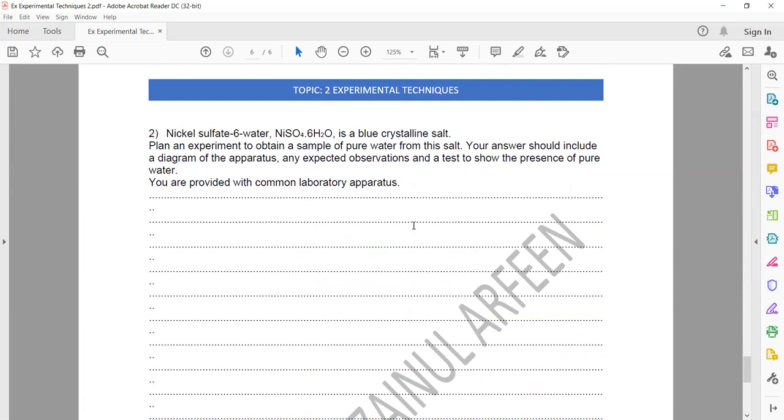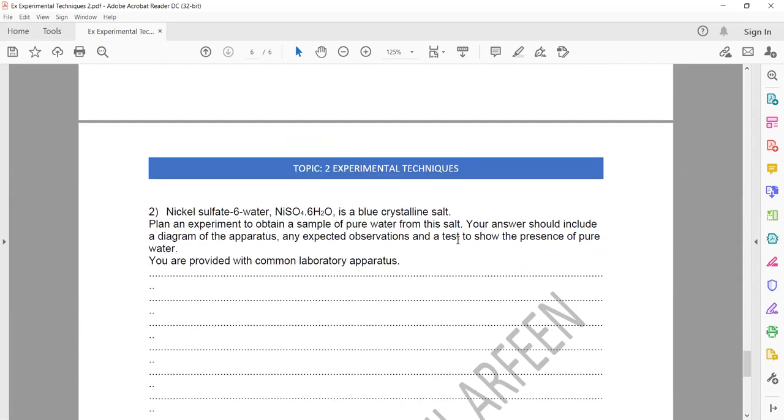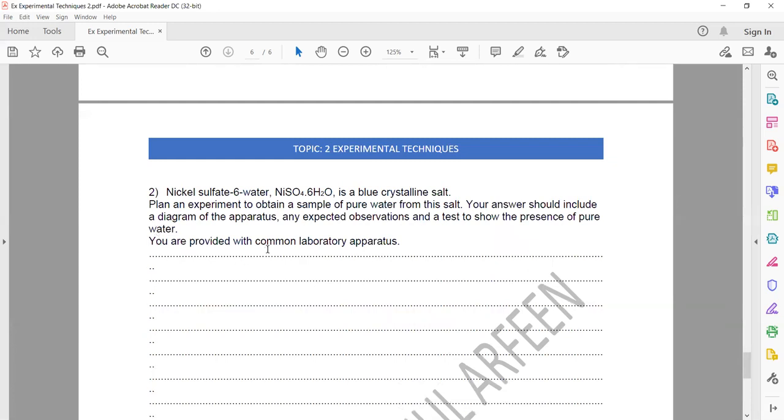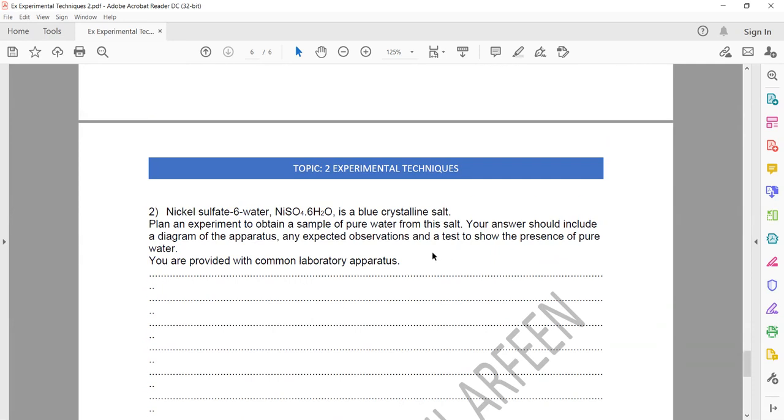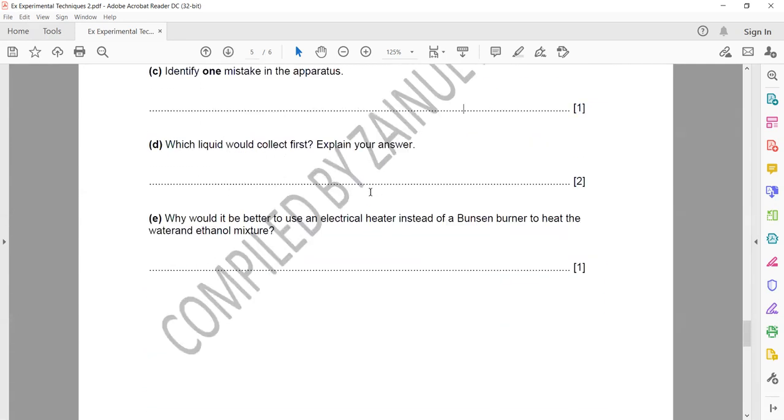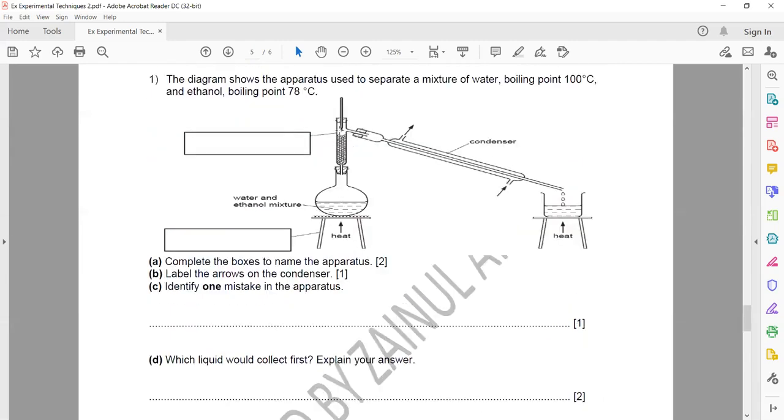And how can we test for the presence of water, or that pure water is there? You will write simple distillation and explain the procedure in your own words. You will mention we supply heat energy, water will evaporate, then the condenser will remove heat energy, so water is collected in the beaker.